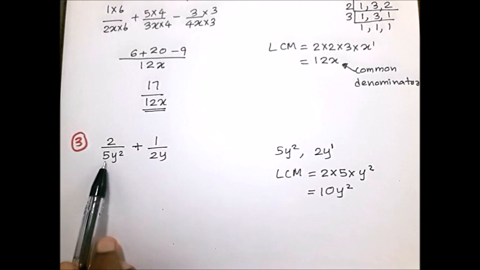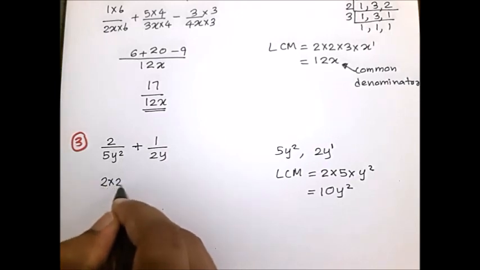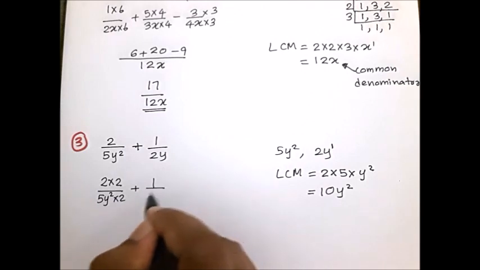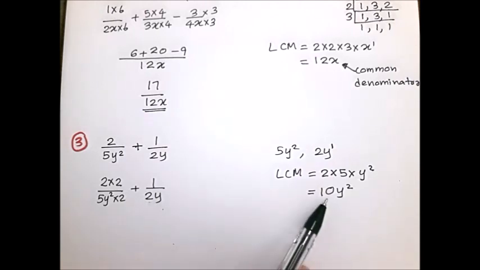To convert this into 10 y to the power 2, you have to multiply this denominator by 2. So multiply both numerator and denominator by 2. To convert this denominator into 10 y to the power 2, you have to multiply this one by 5. 2 multiplied by 5 is 10.